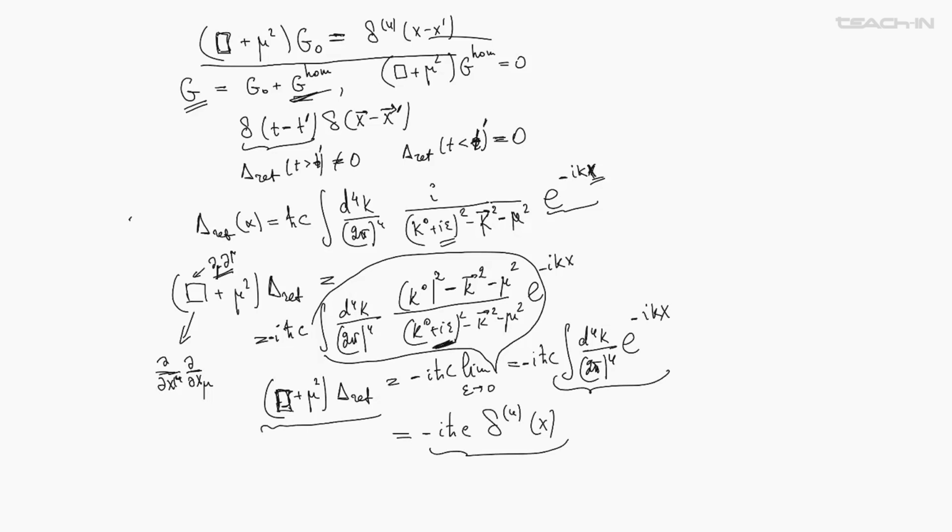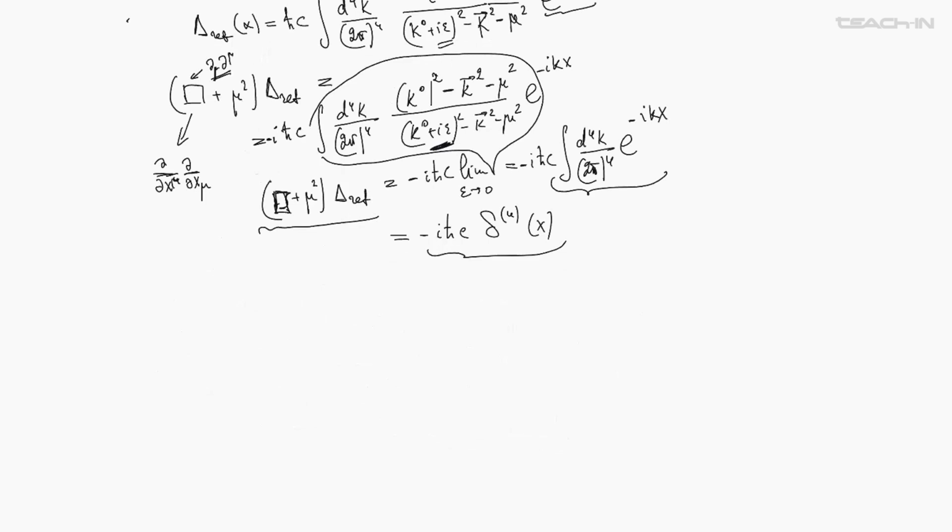Okay, but the most interesting function to us, which is an essential element of quantum field theory, is the so-called causal Green's function. This is the same as the Feynman propagator.